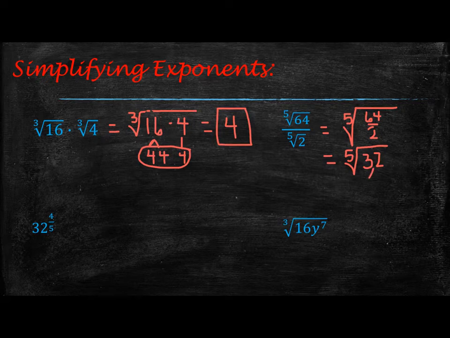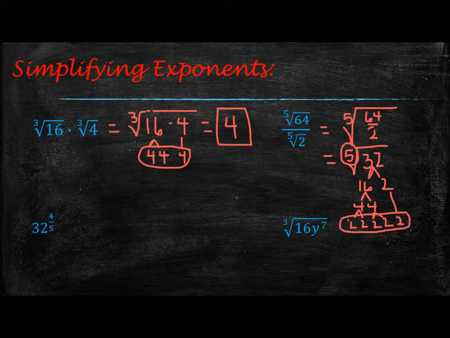If I break down 32, you'll see that you get 16 times 2, then 16 is 4 times 4, and 4 is 2 times 2. Since it's the fifth root, we're looking for a group of 5. There are five 2s, so the fifth root of 32 is just 2.